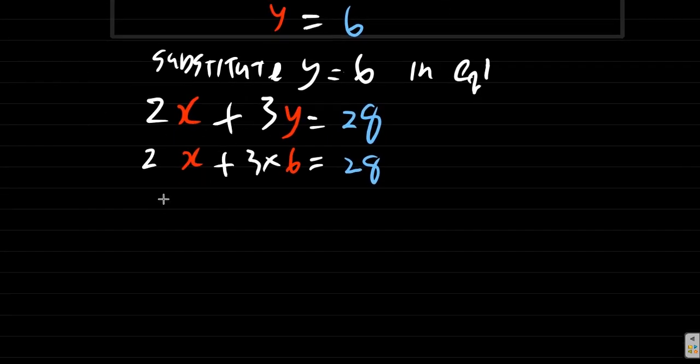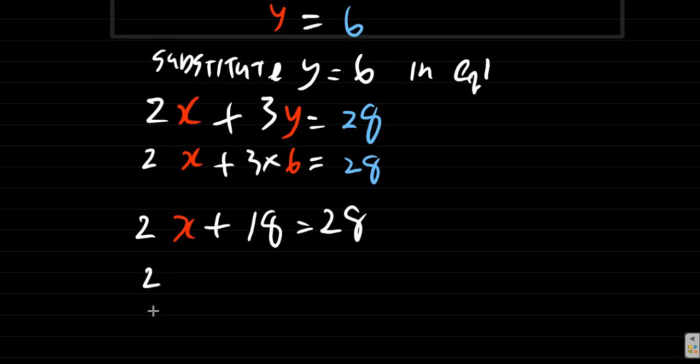So you have 2x plus 3 times 6, 18, equals 28. So you can subtract 18 from both sides and say 2x is equal to 28 minus 18, which is what? 10.